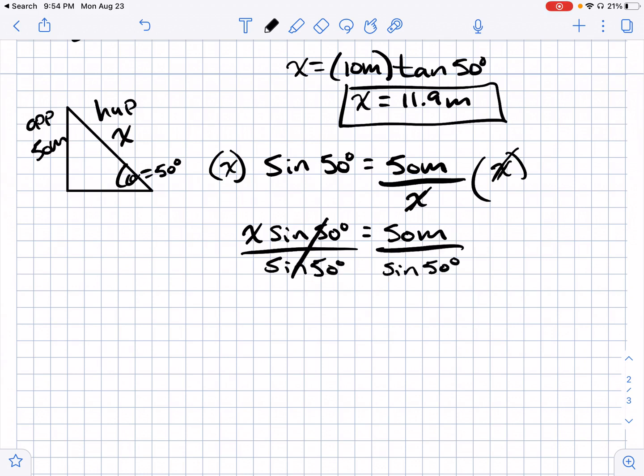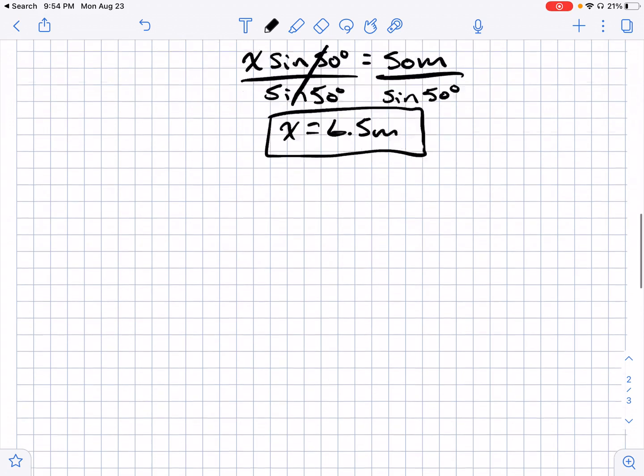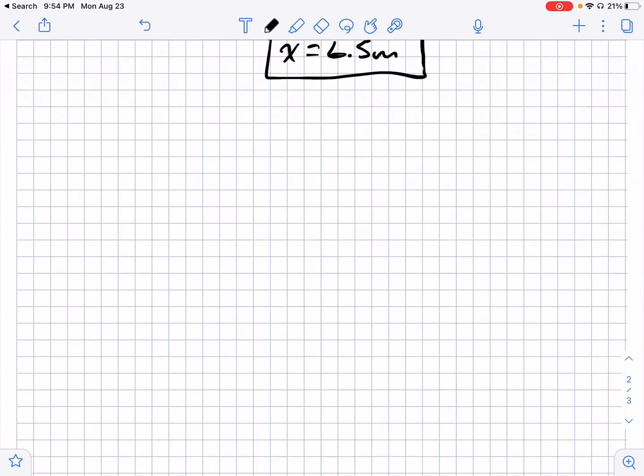That cancels here, so x is just equal to 50 meters divided by sine 50 degrees. And you should get x is equal to 6.5 meters. So we'll work one more together. Let's draw a triangle.